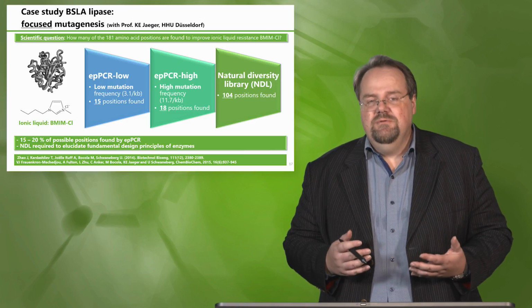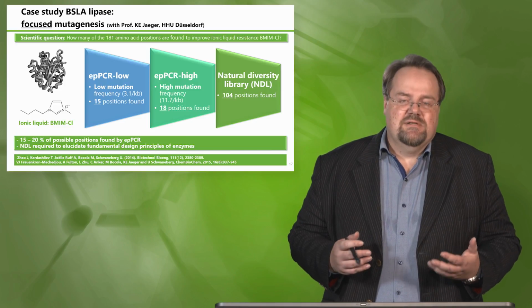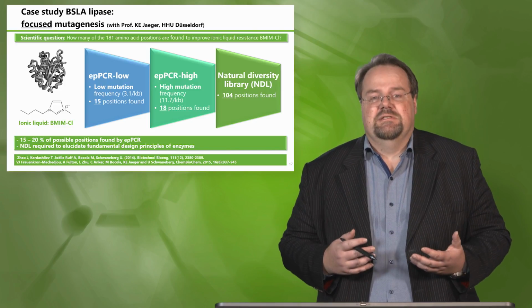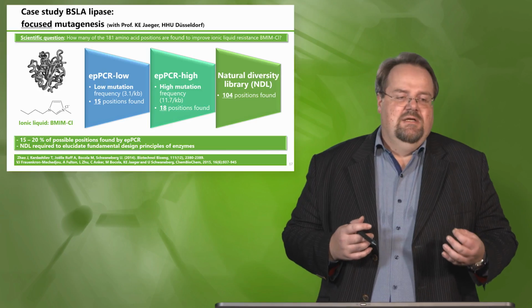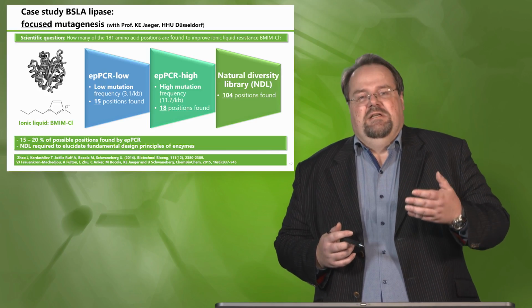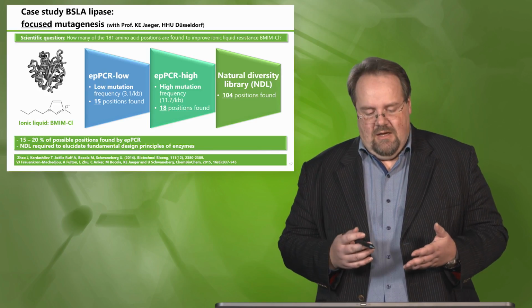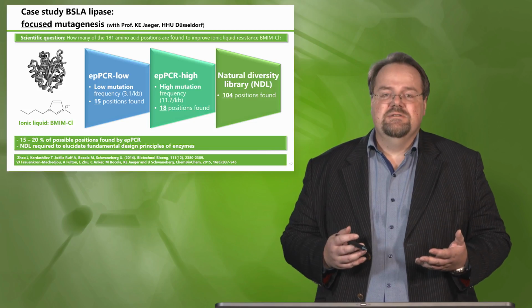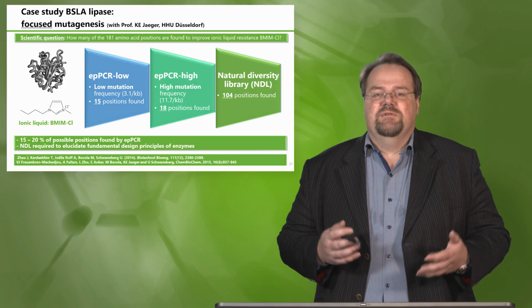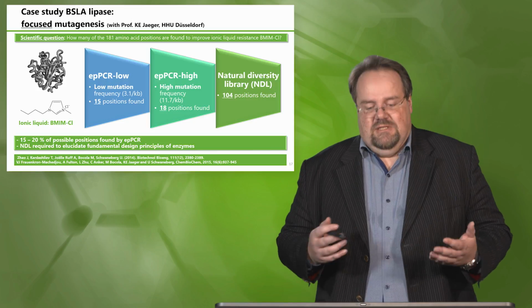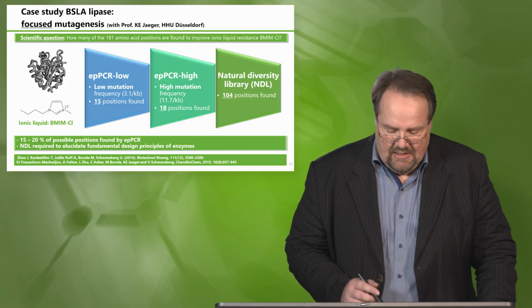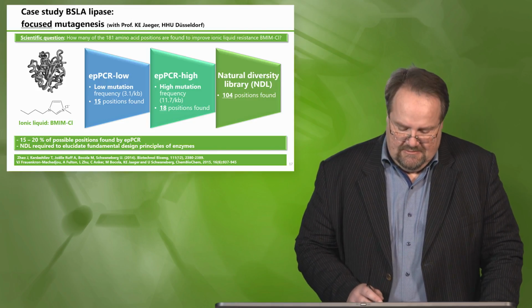If you want to do that, you need these libraries with the full diversity. And this is very important. If we want to understand the principles of how to re-engineer proteins, we need these full diversity libraries so that we can more and more use computational methods to improve our catalysts.